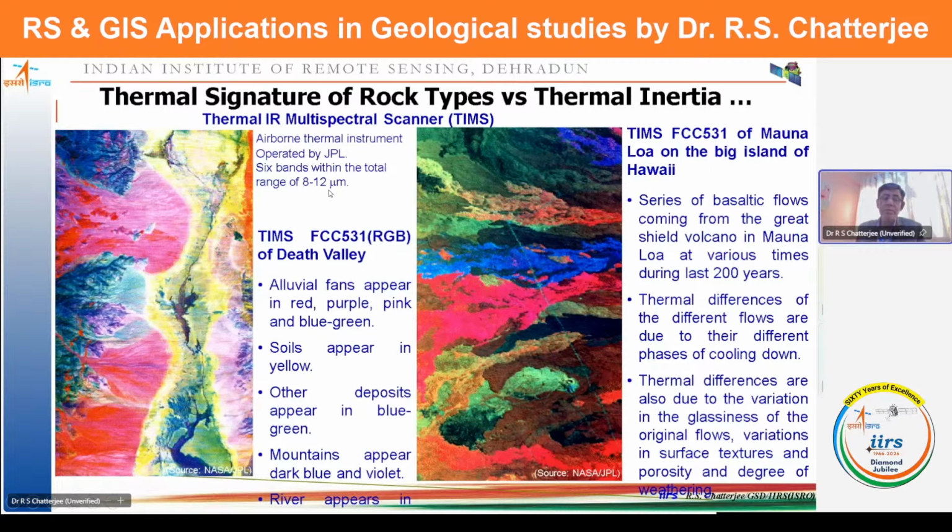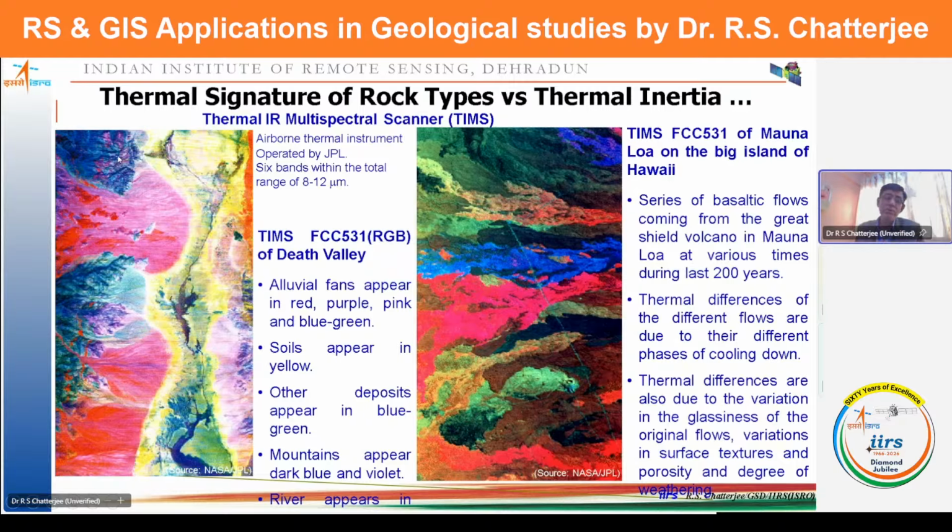That is the reason, depending on the thermal inertia of the material, during the night time, some landforms will have lower temperature, and some landforms, because thermal inertia is high, like compact rocks, hills, their temperature is relatively more or less the same during the day and night.